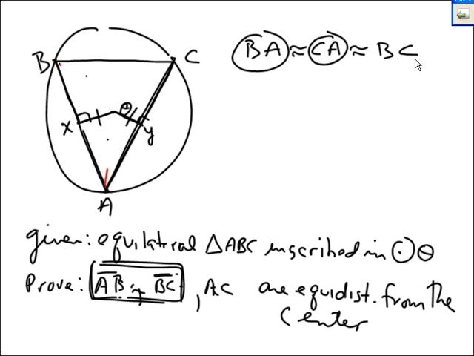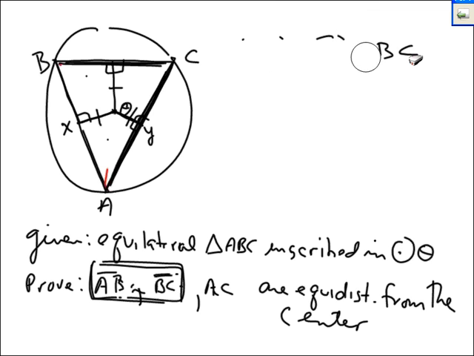For example, BC and AC are two chords, they're the same lengths. That means if you go from the center to BC at a right angle, or from the center to AC at a right angle, those distances will be the same. So I just use this theorem and it's pretty much a one-line proof.